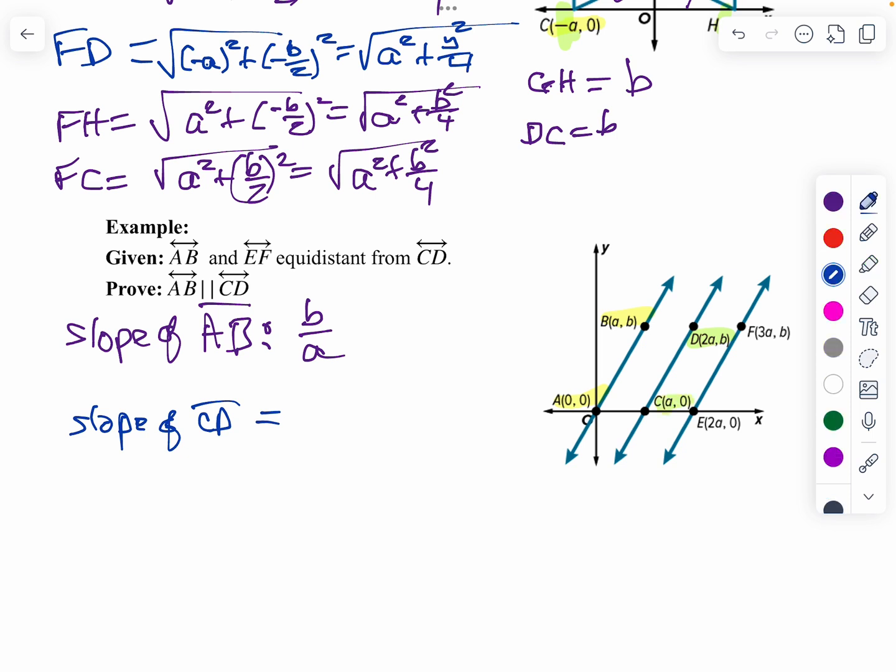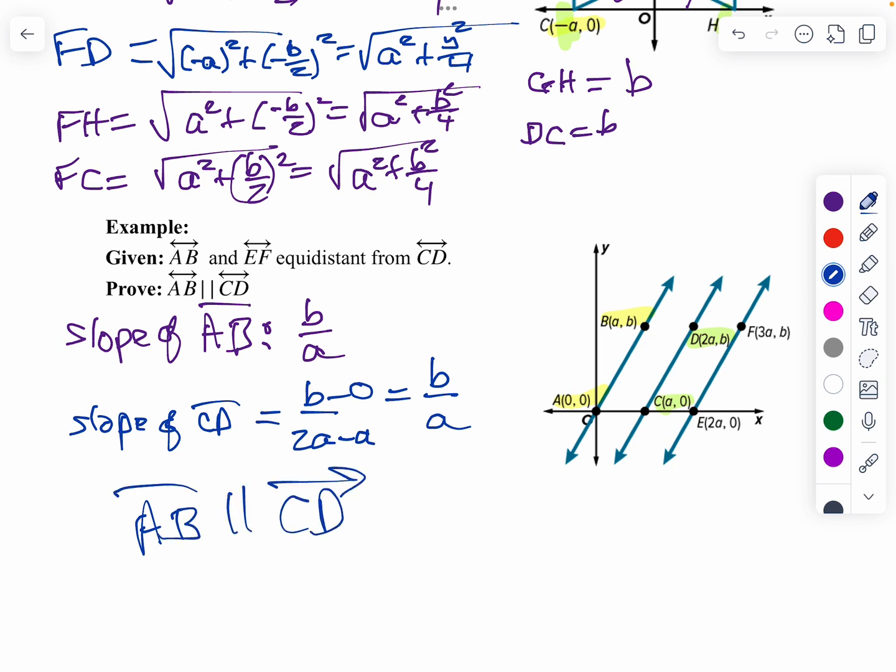So if I subtract my y's, it'll be B minus 0, which is B, over 2A minus A. Maybe I'll write the 0 in there just to be safe. So B over A, same slope. So AB is parallel to CD because they have the same slope.